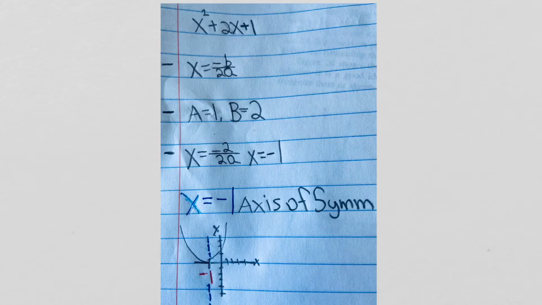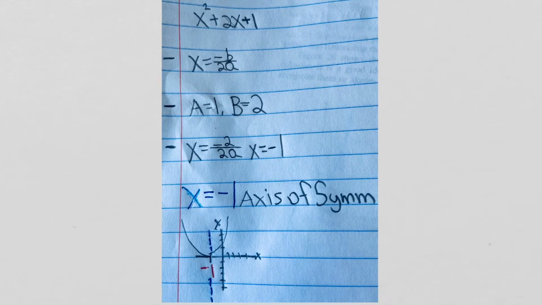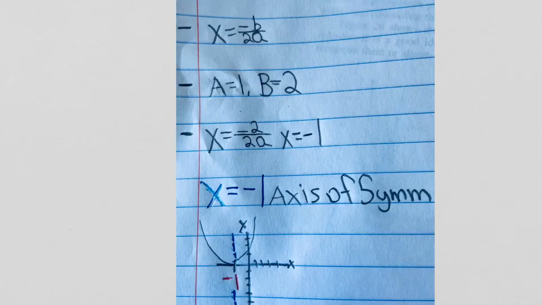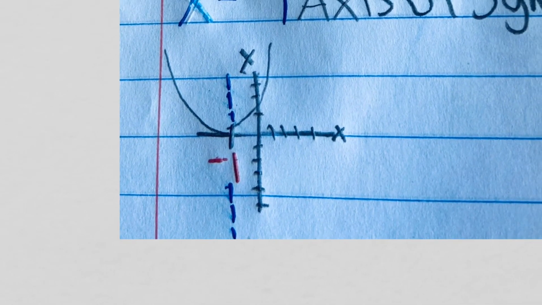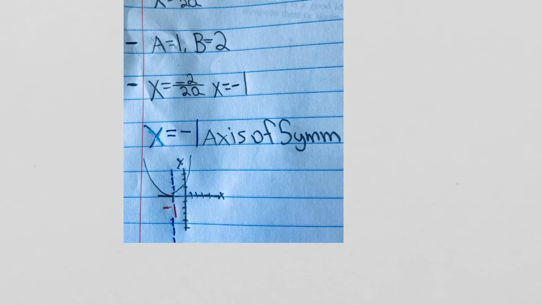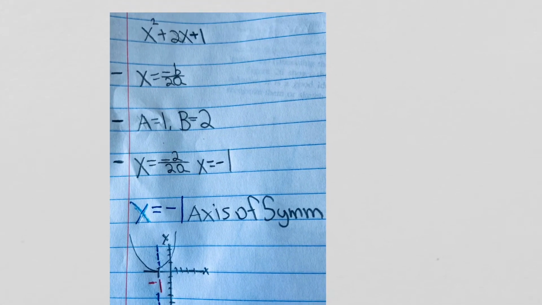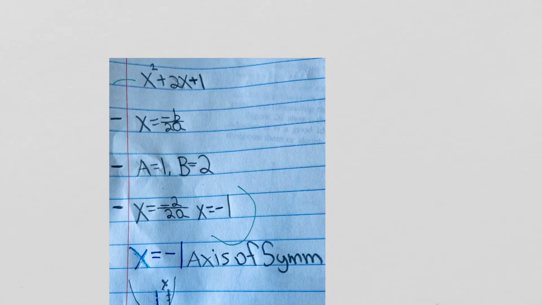We'll get negative 2 over 2, negative 1. So the axis of symmetry is at negative 1. Now again, we didn't need to take this information and plug it back in, because we're just looking for the axis of symmetry. We know that's the line that splits the graph in half.